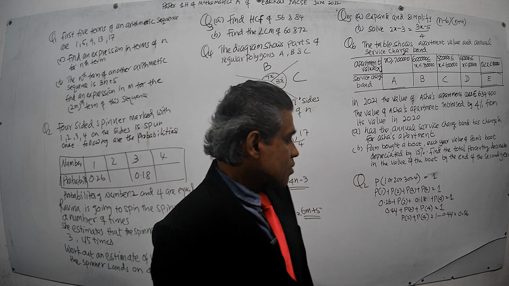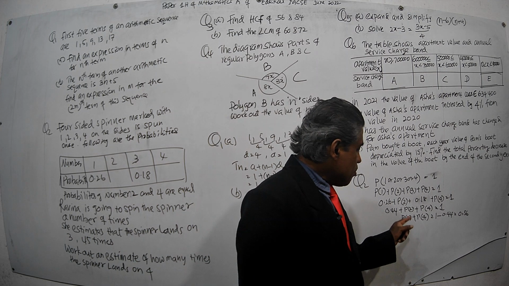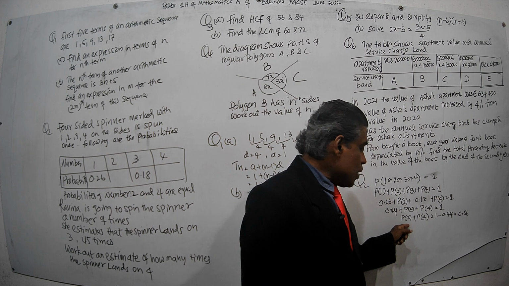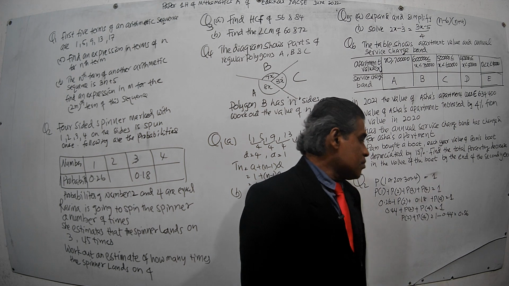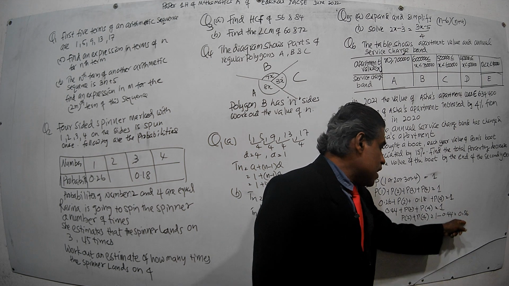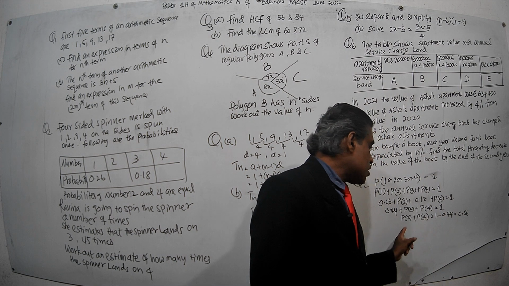Now they say that the probability of 2 and the probability of 4 are the same. Then this is the sum of those two. Therefore, divide this by 2, then you get the probability of each.